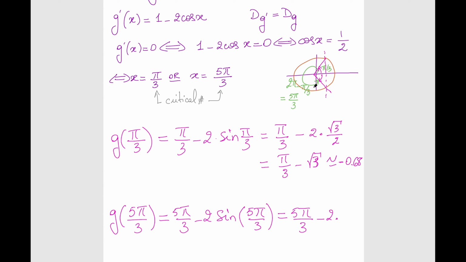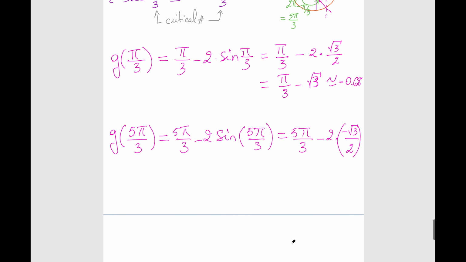Well, 5 pi over 3 is in the fourth quadrant, and the sign is going to be negative. So it's going to be negative square root of 3 over 2. Alright, so this is 5 pi over 3 plus square root of 3, which is approximately 6.97 or something.